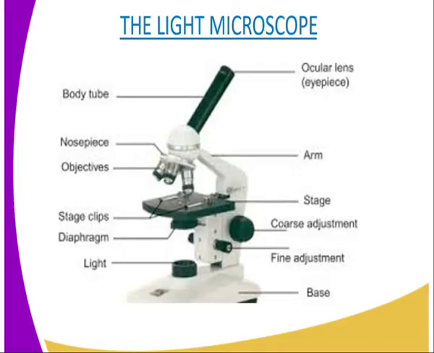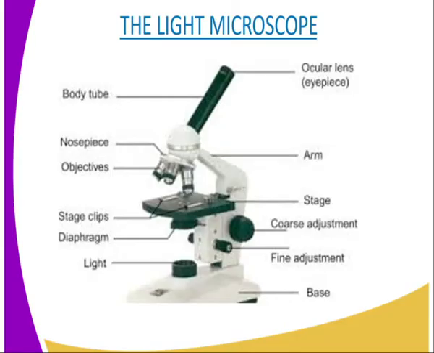Now the microscope that we are going to look at is the light microscope, but normally we have two types of microscope, whereby the other microscope is the electron microscope. But at this moment, let us look at the following parts of a light microscope. As you can see, we have the ocular lens, or in other words, the eyepiece lens.